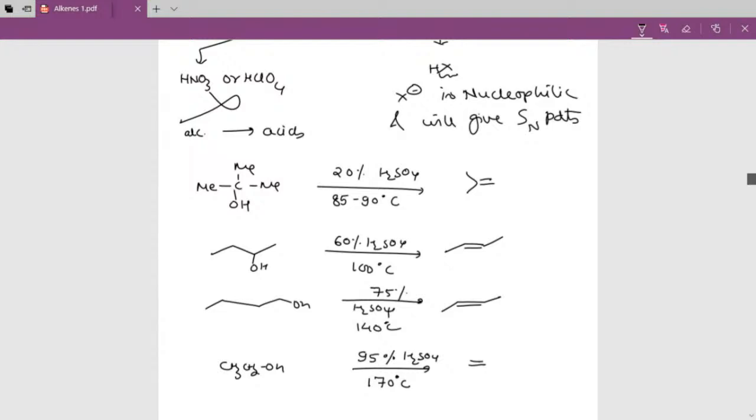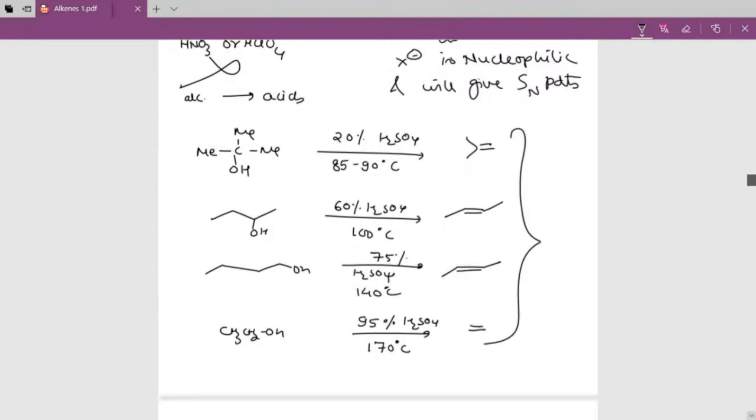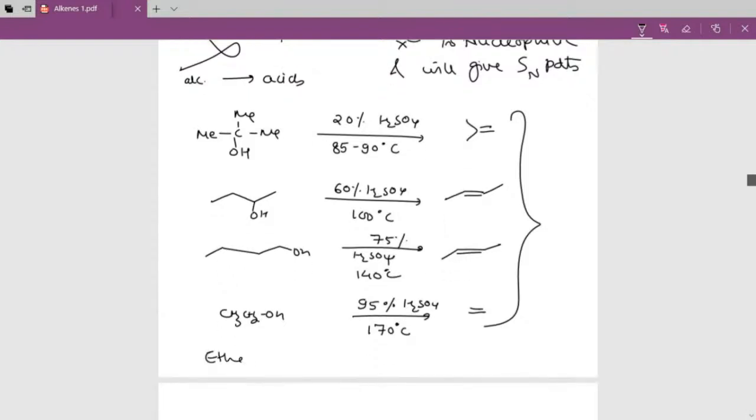Okay, this clearly indicates how the stability of the alkene is deciding the reaction. So as the alkene becomes more and more stable, I can get alkene as a major product under less vigorous conditions. Along with alkene, there is certainly a possibility of ether as a byproduct.